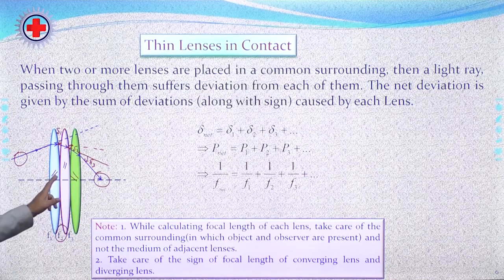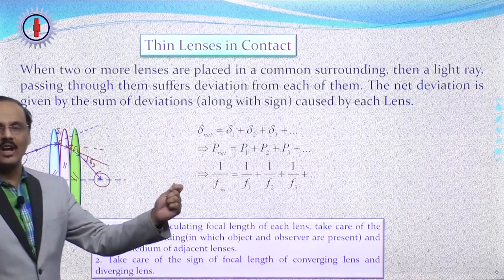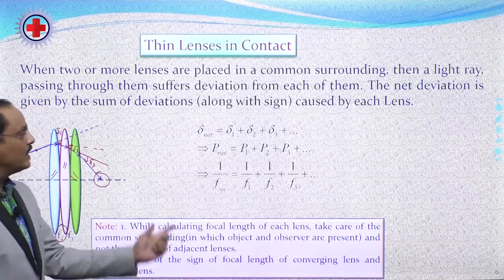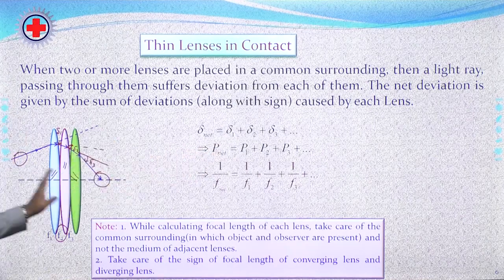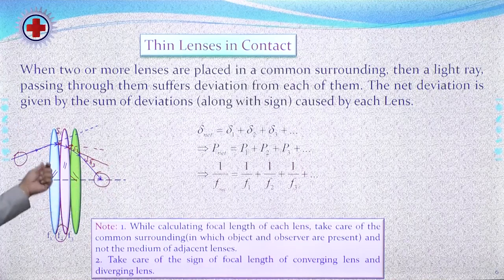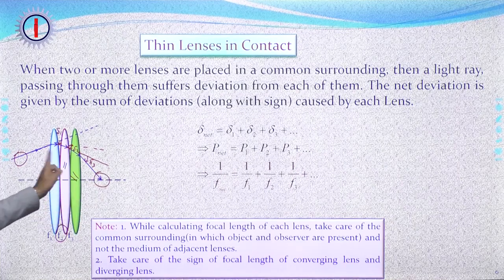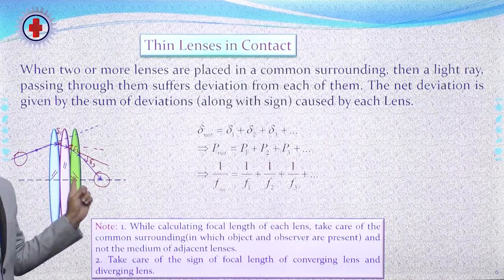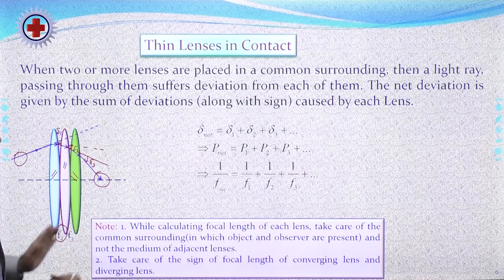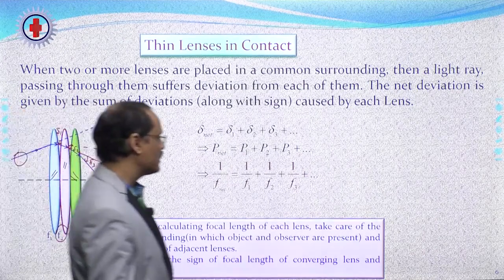You need to calculate the focal length of each lens in a common surrounding. That common surrounding means the one in which the object or final image or observer is present. So, you need to take care of the refractive index of the medium and not the refractive index of adjacent lenses. Apart from that, you need to take care of the sign of the lenses.